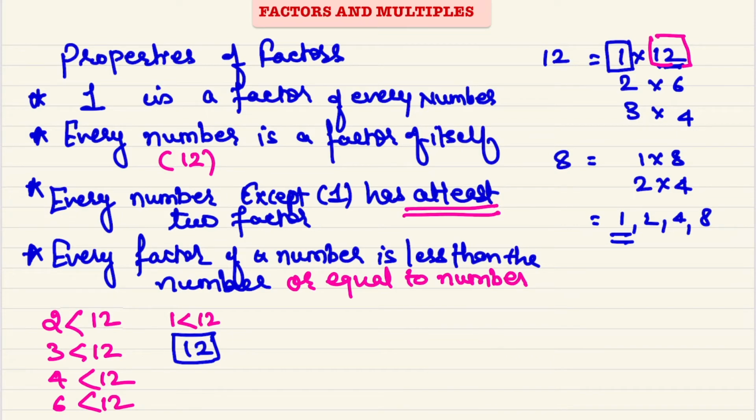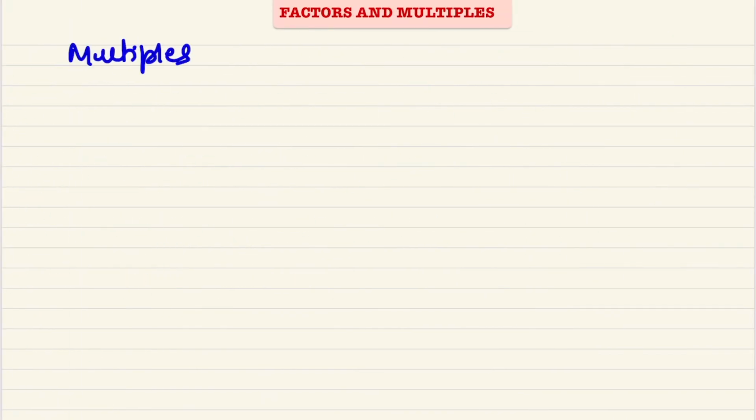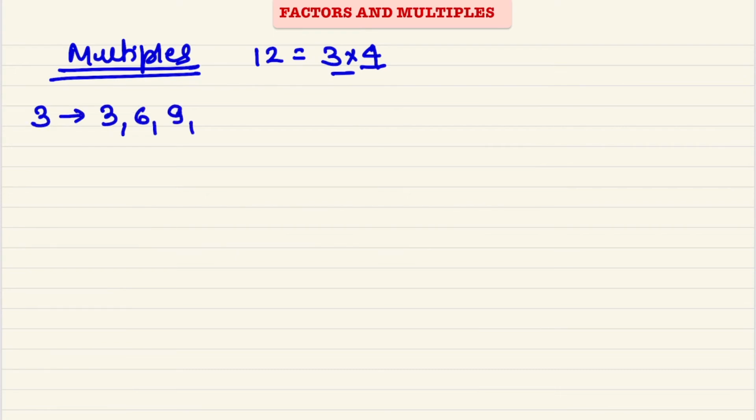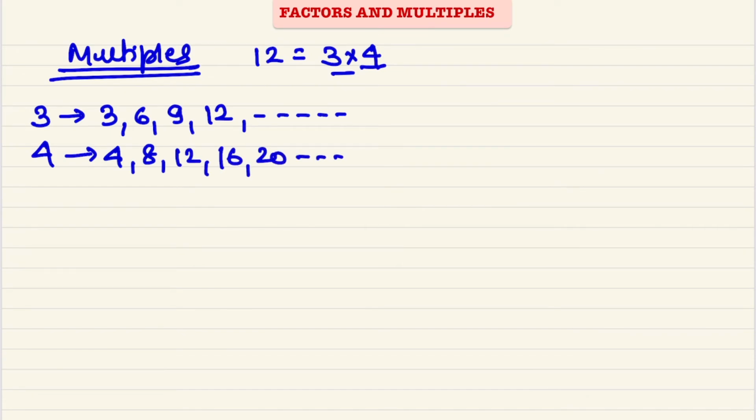Now next comes the multiples. I will explain it with the same example of 12. I write 12 as 3 and 4. Now multiples itself is understood, it is multiply. So for 3 the multiples are 3, 6, 9, 12 and so on. For 4 it is 4, 8, 12, 16, 20 and so on.